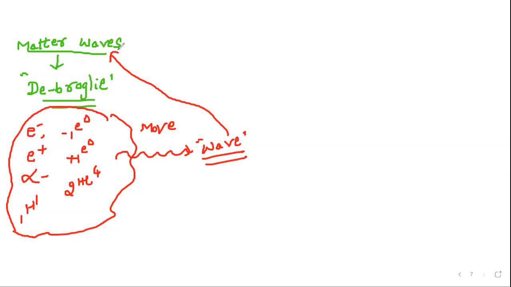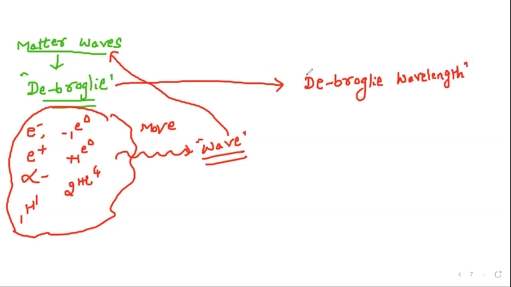Whatever the wavelength associated with this wave, that wavelength we call the de Broglie wavelength. What is that called? De Broglie wavelength. So what is this de Broglie wavelength?